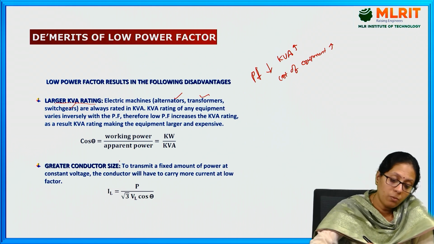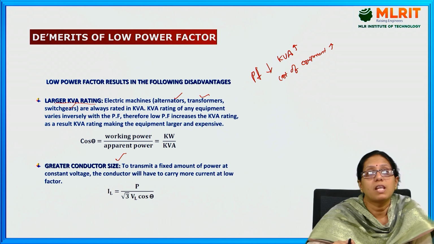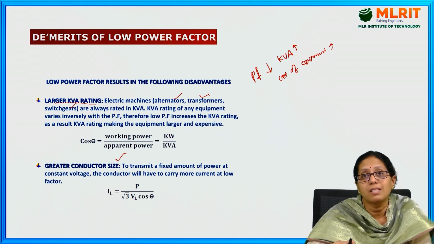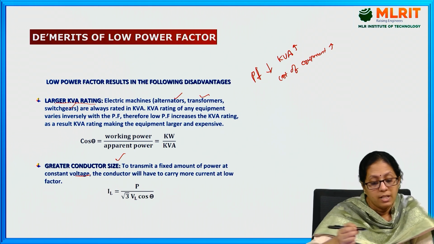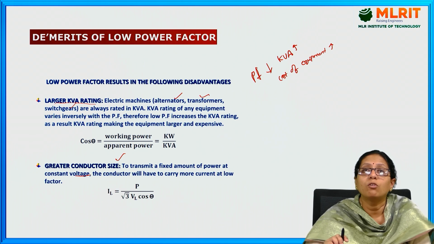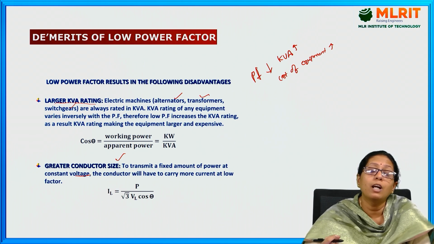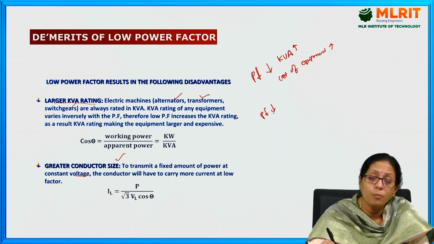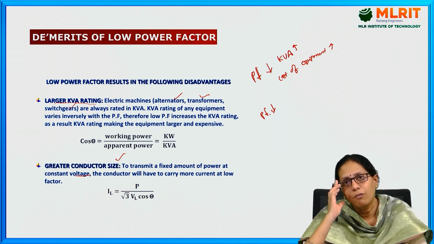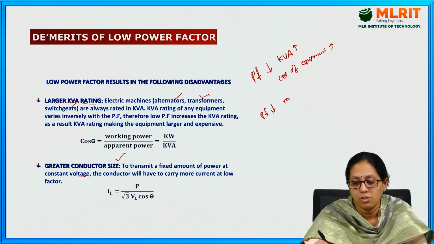The second one is greater conductor size. To transmit a fixed amount of power at constant voltage, the conductors will have to carry more current at low power factor. That means when the power factor is low, the conductor will have to carry a larger amount of current.